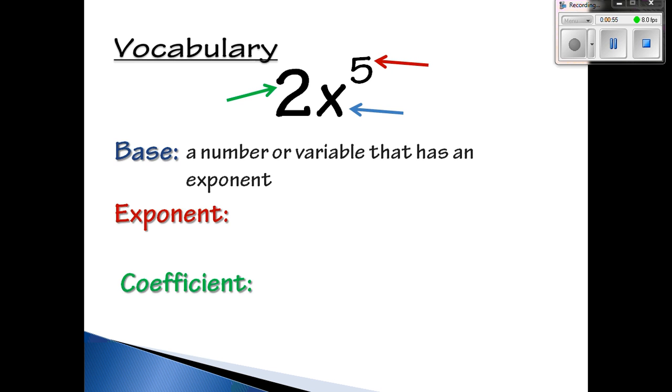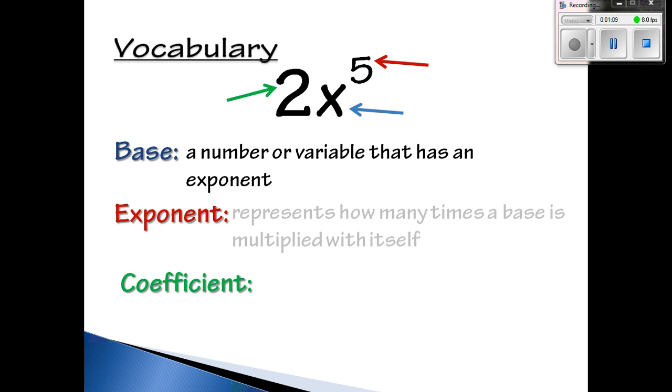Now the base is a number or variable that has an exponent. Okay, in this case it's the x. That x is the one that has the exponent. All right, and the exponent represents how many times a base is multiplied with itself.